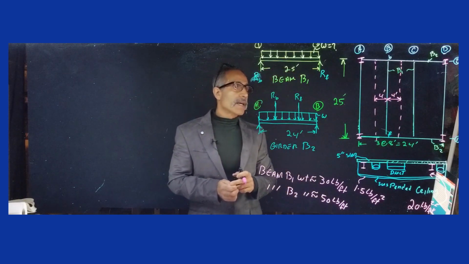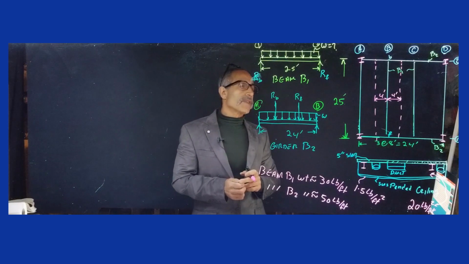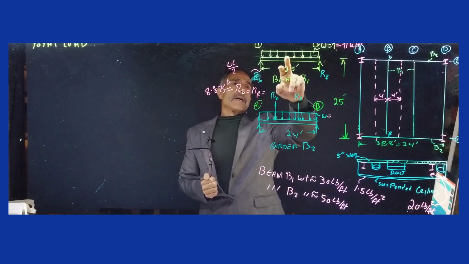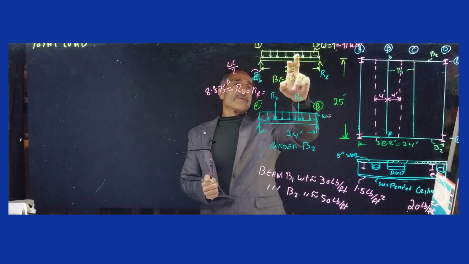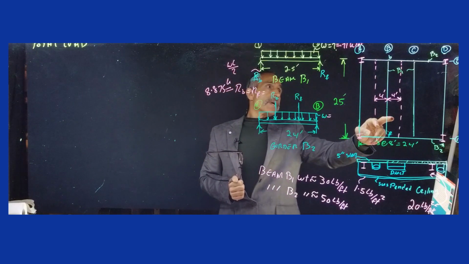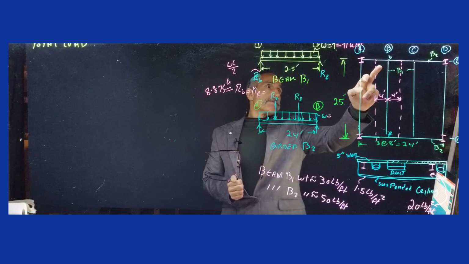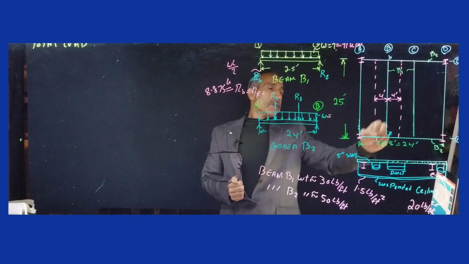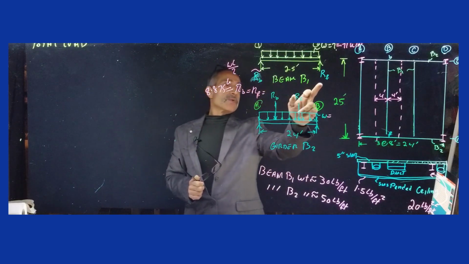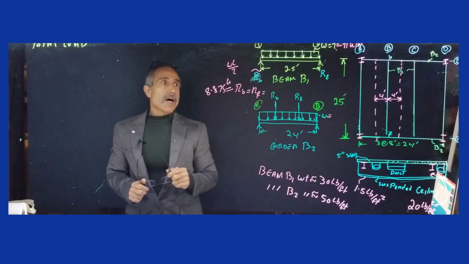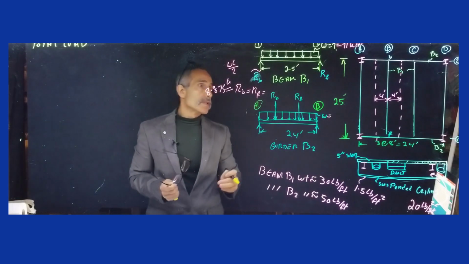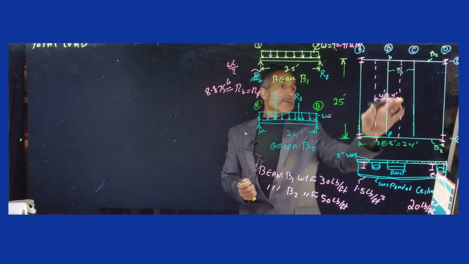Now we have our load, so let's calculate the uniform distributed load on this B1, which is supported by the girder B2 on both sides, at points 1 and 2. The first thing we've got to find is the tributary area, which we talked about here.